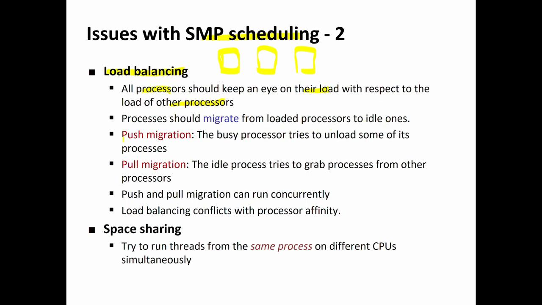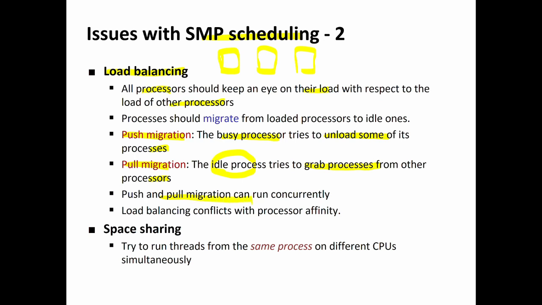We have push migration, meaning that a processor that's busier than the others tries to unload some of its processes to others. And then there's pull migration: if a processor is more idle than the other processors in the system, it tries to grab processes from others.